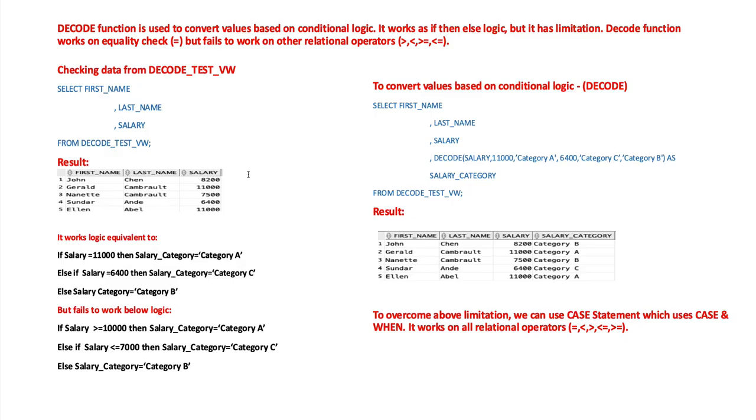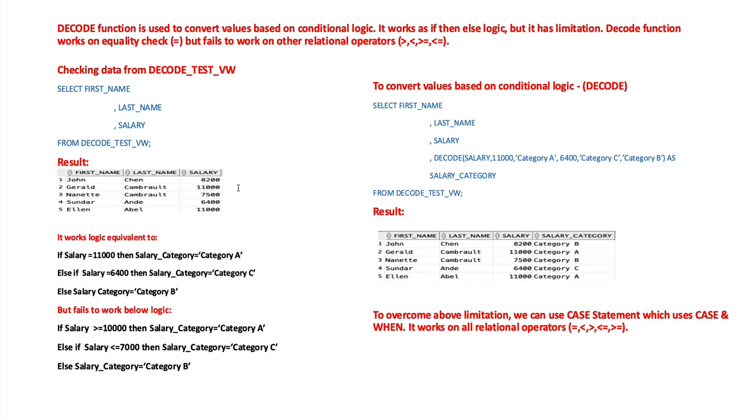Last one column is salary category. That means I am going to categorize the salary. I am trying to get here maximum salary range category A, minimum salary range category C, and intermediate salary range category B.